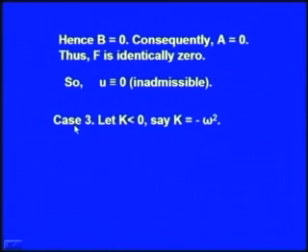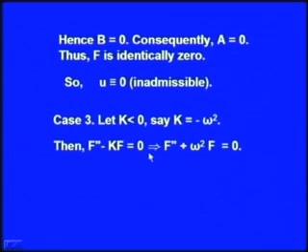Let us consider the third case, where k is a negative real constant. So, let k be less than 0, then we may write it as k equal to minus omega square, say. Now, again f double dash minus k f equal to 0 with k equal to minus omega square becomes f double dash plus omega square into f equal to 0.